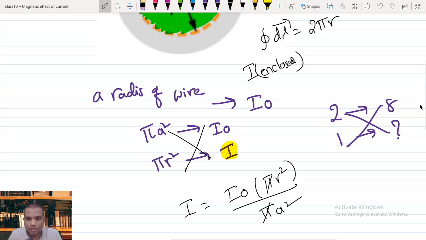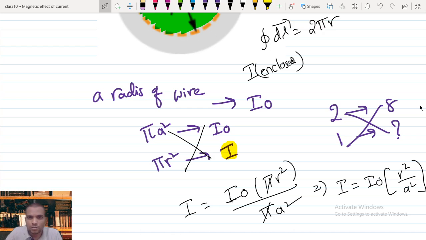Now pi is a common term here, so we can cancel that. So I equals I naught of r square upon a square. So this is the current enclosed, the amount of current flowing through the Amperian loop which we consider inside the current carrying conducting wire.